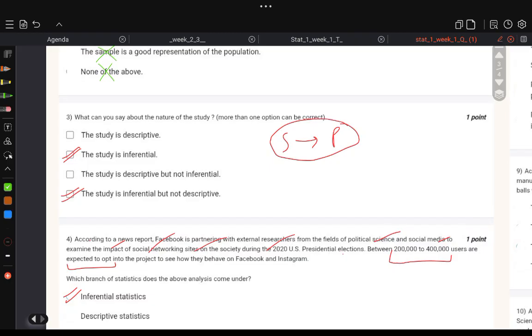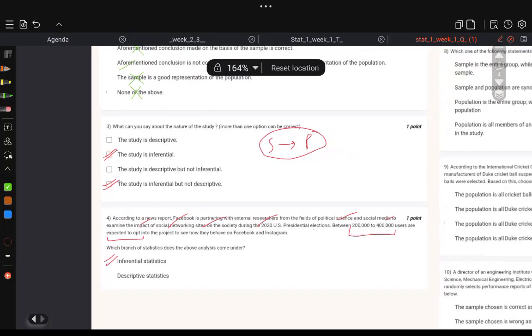See, this is the inference we are drawing. We have done some analysis, it is not required, but at the last part we saw the word expected is here, the probability. Whenever terms like expected, probability, etc. come, the study will be inferential only. So inferential is the correct option.